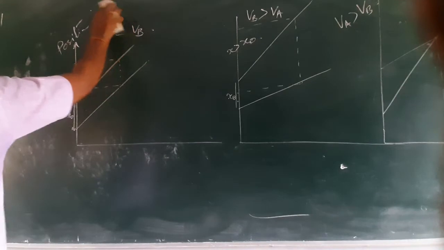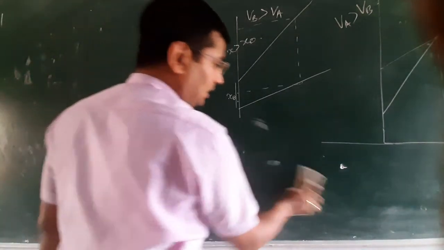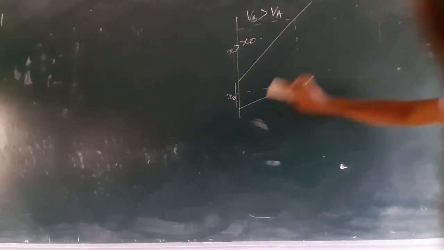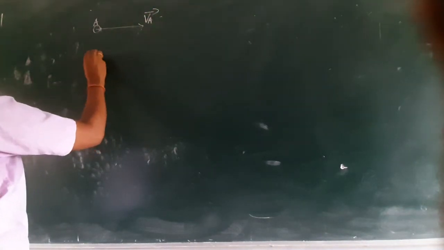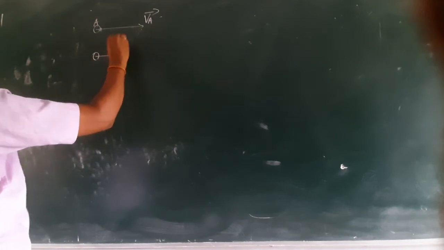Now let us discuss the determination of relative velocity. How can we determine relative velocity? In order to find the relative velocity, I am supposing two objects A and B, both moving in the same direction with velocities VA and VB.